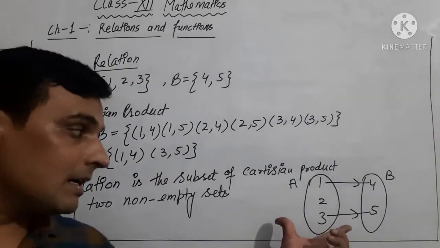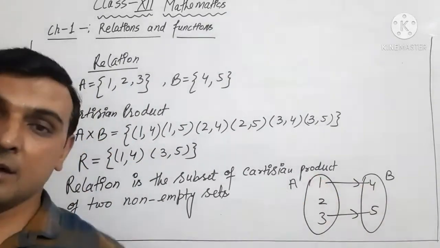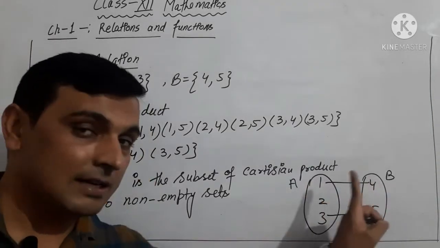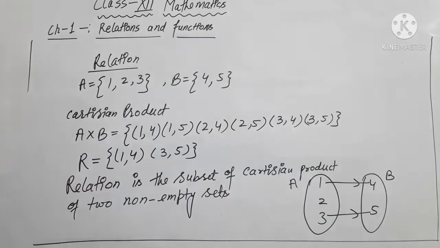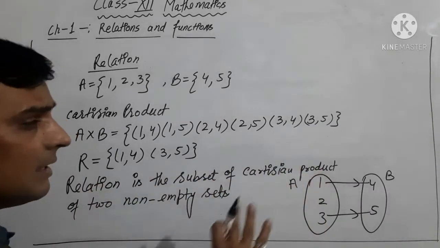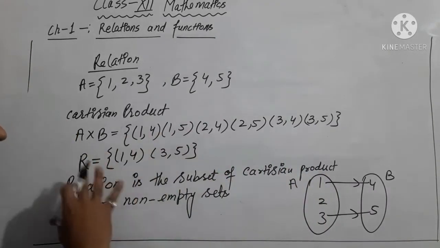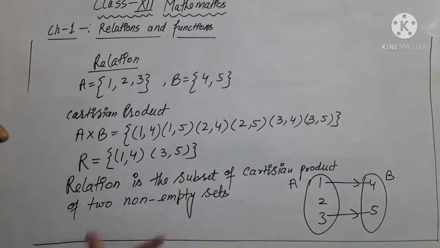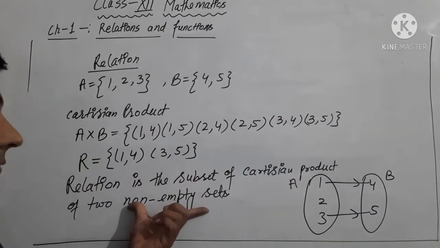So, this is the relation in arrow diagram. Clear? 1 is related with 4 and 3 is related with 5. This is the definition of relation. You have studied about it in class 11th also. Okay? I am revising you only the definition of relation.